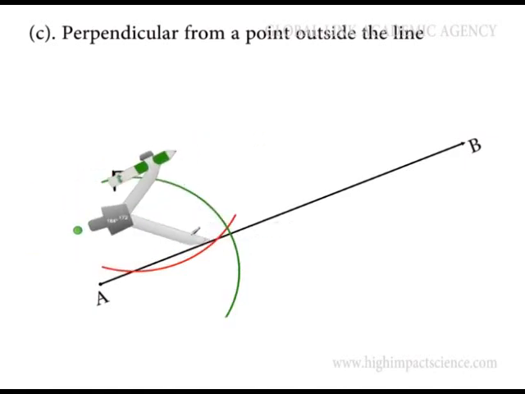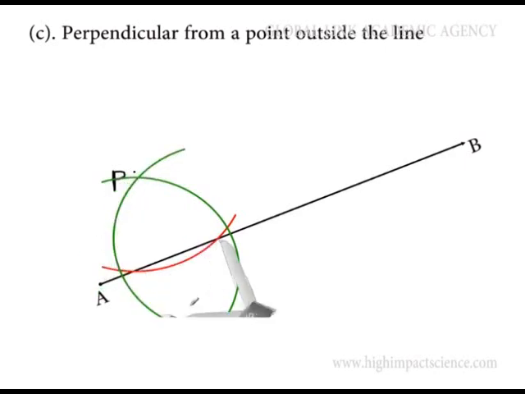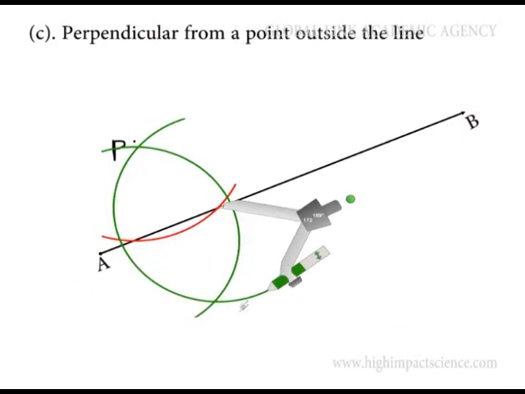Place it on the other point and make another arc. The last part is to draw a straight line through the two intersection points. And so we have dropped a perpendicular to AB from P.